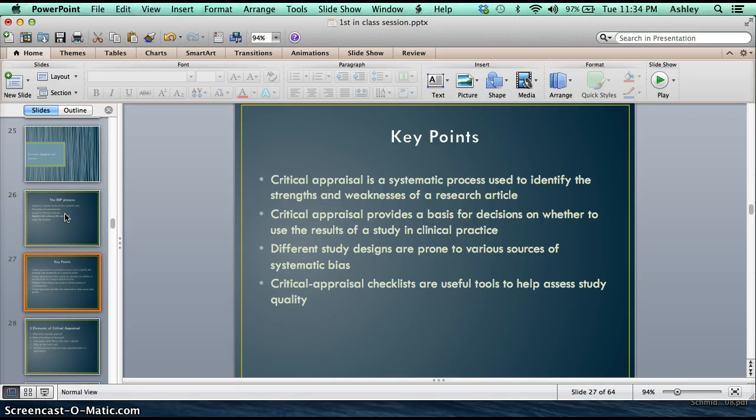Critical appraisals provide a basis for decisions on whether to use the results of a study in a clinical practice. Also, know that there are different tools that you can use to help you critically appraise an article. You've already been introduced to one, and you will be introduced to a few more throughout the modules.